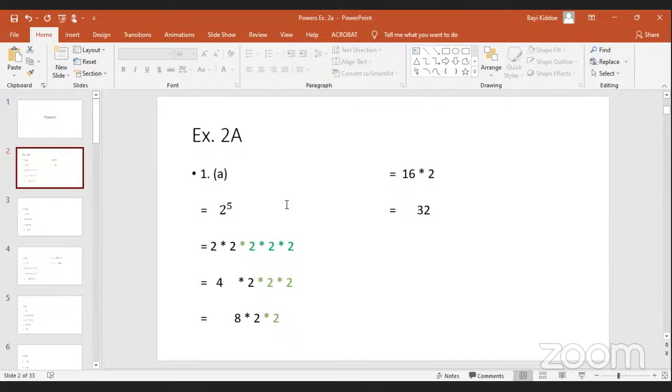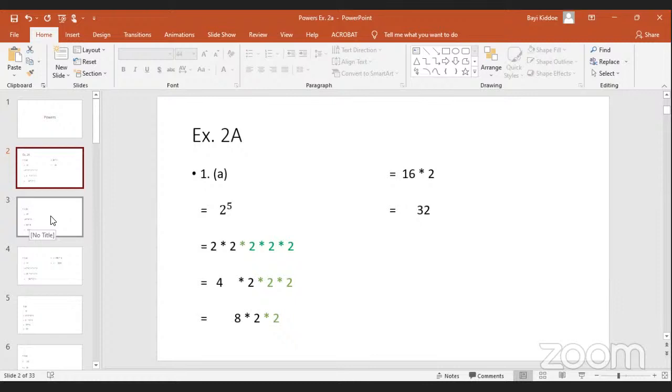Yes, that's correct, exactly. So 2 to the 5th is the same thing as saying 2 multiplied by itself 5 times. That's simpler and easy to remember.